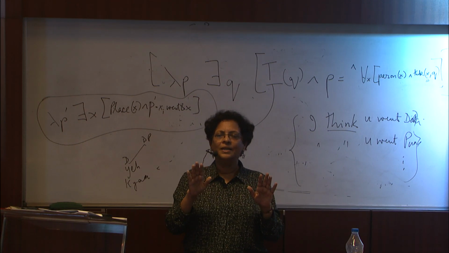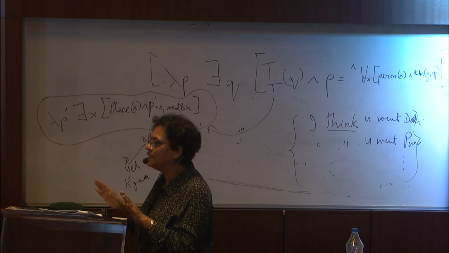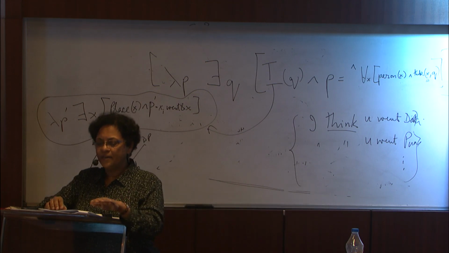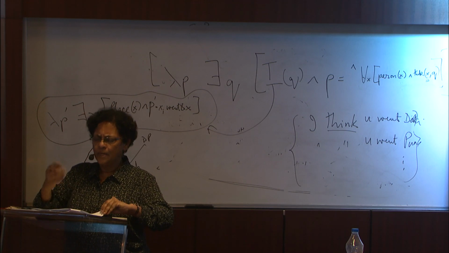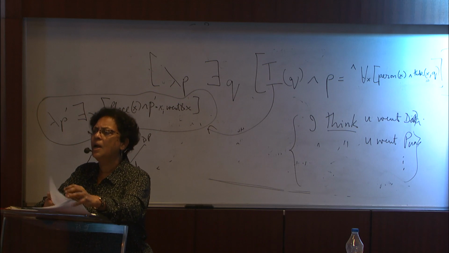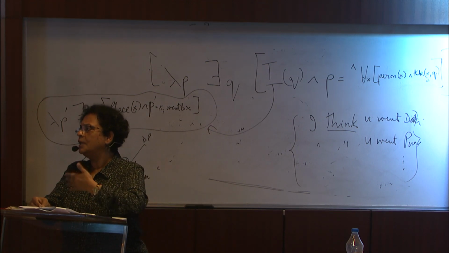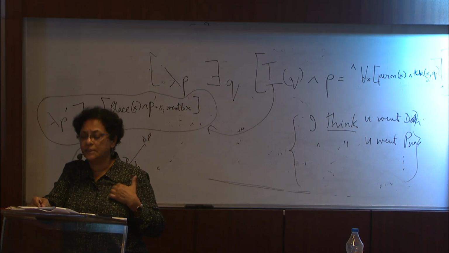So there should be hopefully some empirical evidence that can help you decide. And here are three facts that I'll give you that promise to give you a distinction between the two approaches.